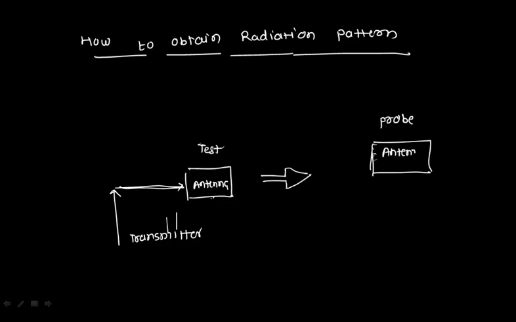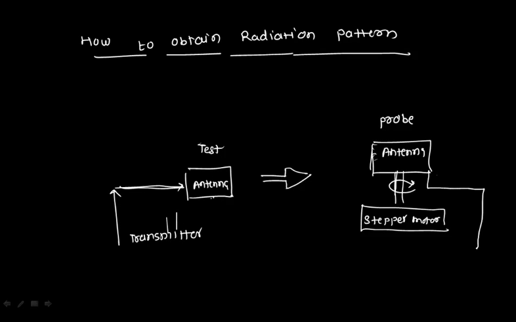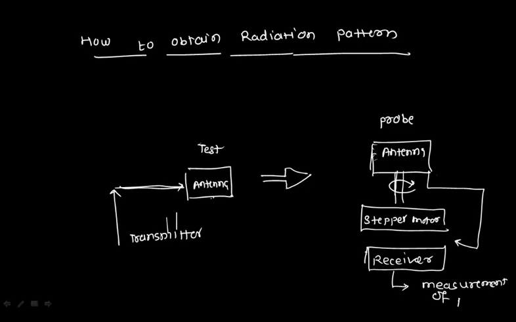Now this probe antenna will not have the same structure as the transmitting antenna, but it will be mounted on a stepper motor, and that stepper motor will rotate by some degrees, going from 0 degree to 360 degree. That antenna will again be connected to the receiver. As you rotate that antenna, you can measure the power on the receiver. So this antenna will transmit from here and it goes to the receiving antenna, which will be called the probe antenna.